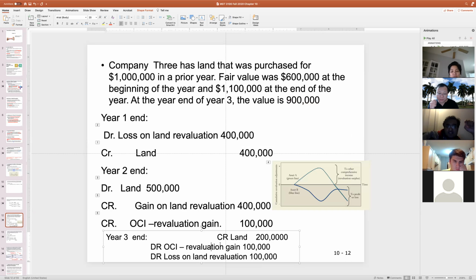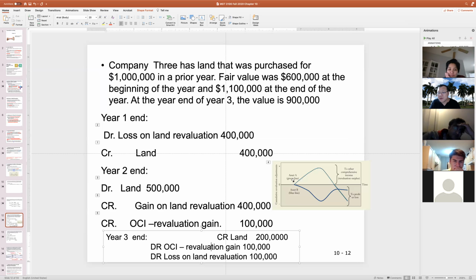Is that because OCI always has to have a zero balance from the original? I have the same question as Paul: if you have a balance in OCI, should you first zero that balance before you put it on a gain or a loss? If you take a look at this graph, do you see this dashed curve?